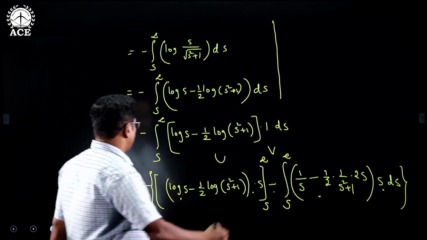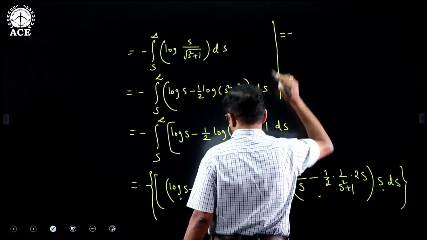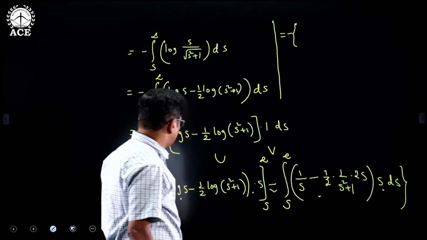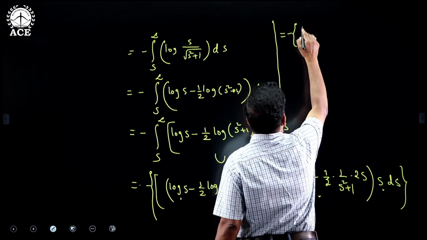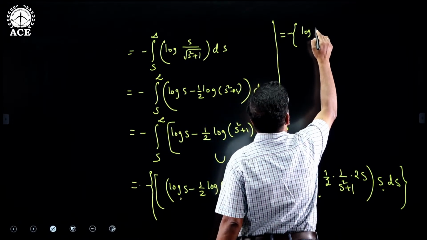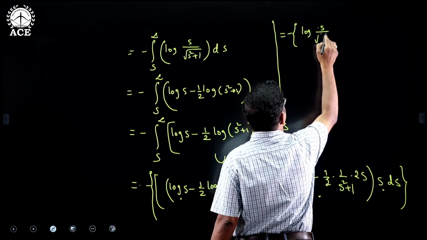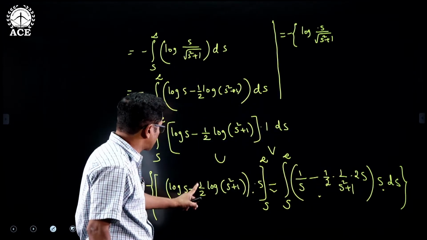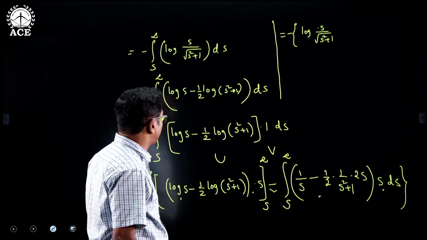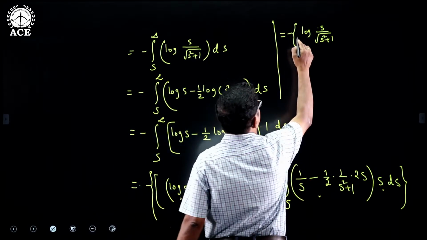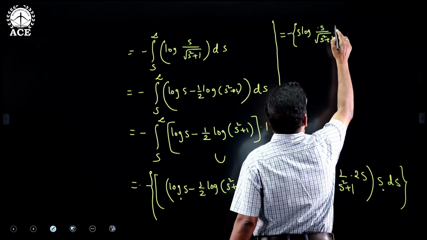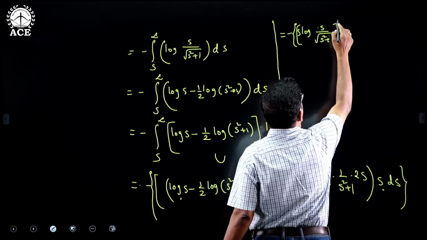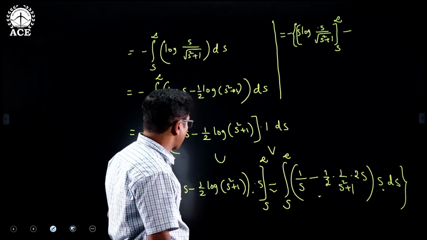So now which is equals to minus, this I am going to write as log s by root of s square plus 1, that is s log s minus log of s square plus 1, we can write as log of s by root of s square plus 1 into s, into s I am writing this over the limits s to infinity.